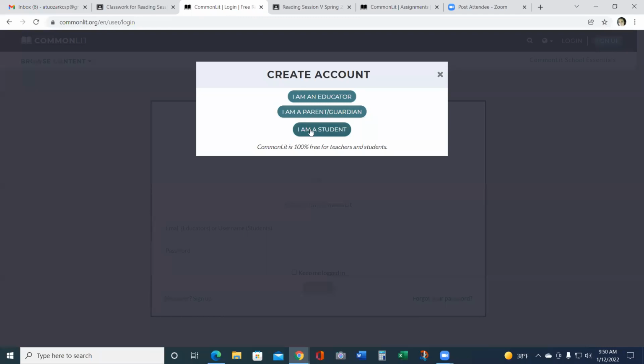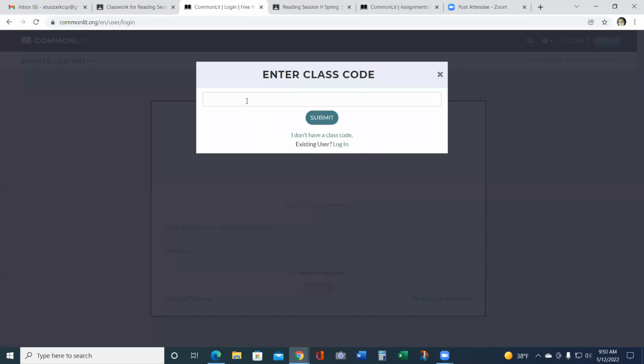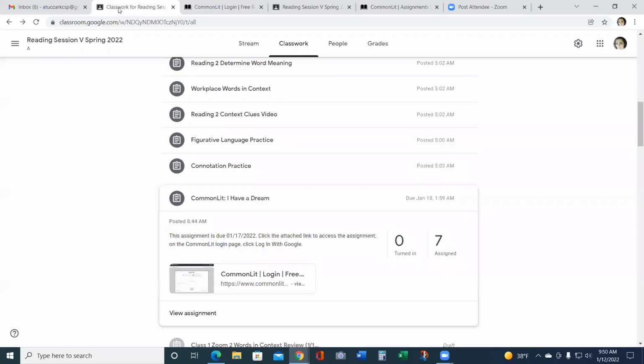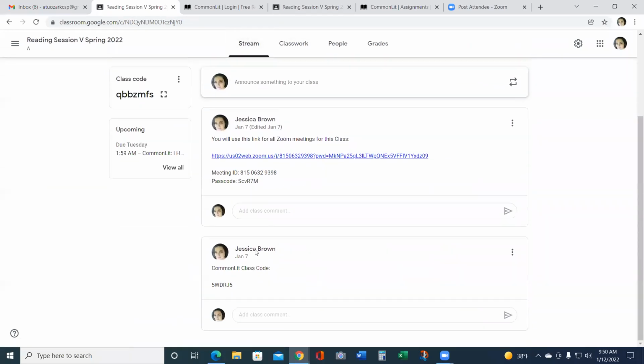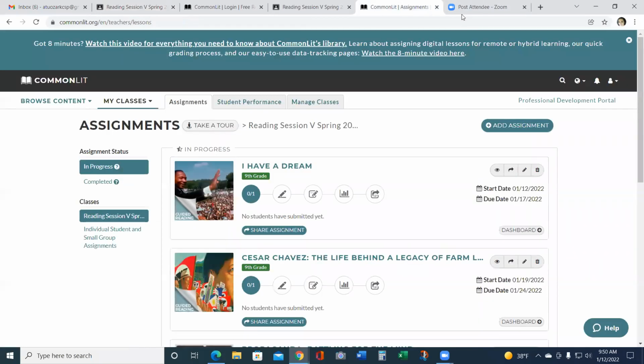And you're going to say, I'm a student, and your class code is in your Google Classroom. So if you look back in your stream, in your Google Classroom, under stream, and scroll down, right here, Common Lit class code. So that is the code that you would type in. I'm going to copy and paste it there.